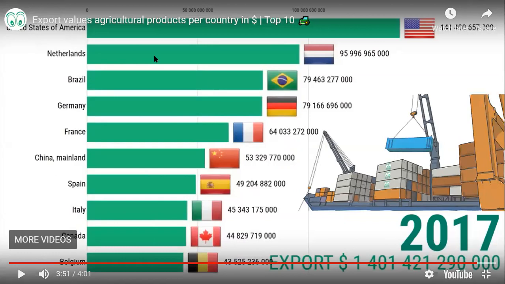I showed you the last time that in 2017, Netherlands was the second largest exporter of food products. So where is Africa? Which means we have a lot of opportunity, a lot of work, and a lot of prospects if we want to beat any of these countries.